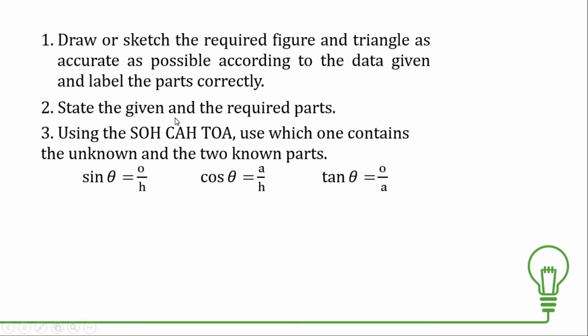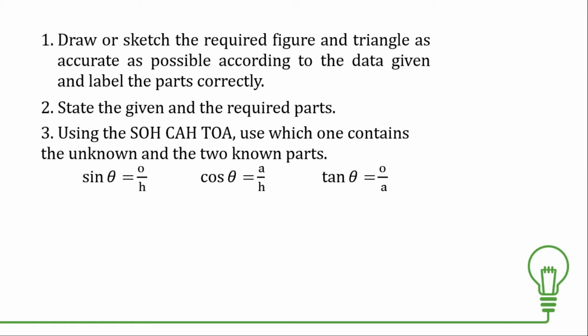Now, in dealing with problems with a right triangle, 2 givens are enough na. Bakit? Because we are dealing with a right triangle already, and it is very obvious that we are already given an angle, which is the 90-degree angle.